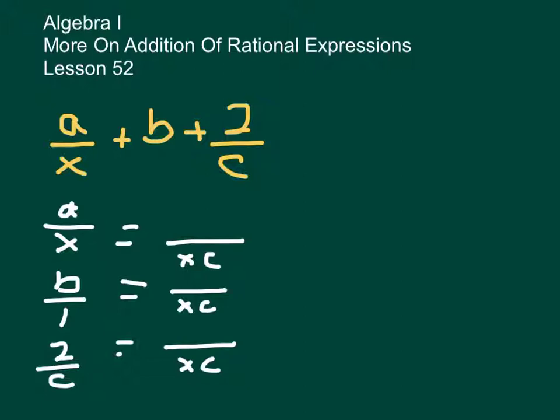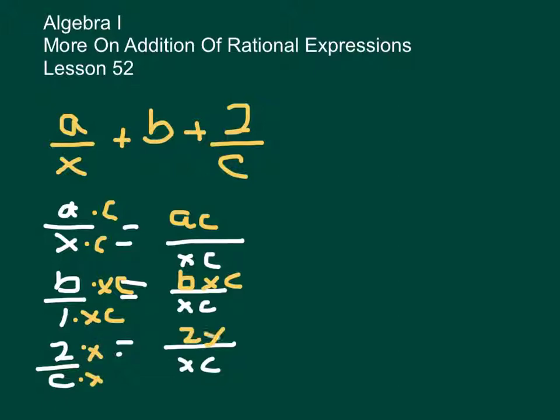To finish this off, x times what is xc? Well, I'd have to multiply by c, so I get ac in the top there. 1 times what is xc? I'd have to multiply the top by xc, and I get bxc. And finally, c times x, so I multiply the top by x, so I get 2x.